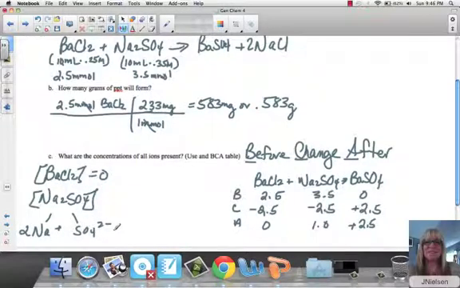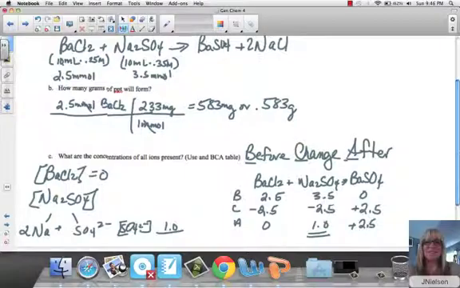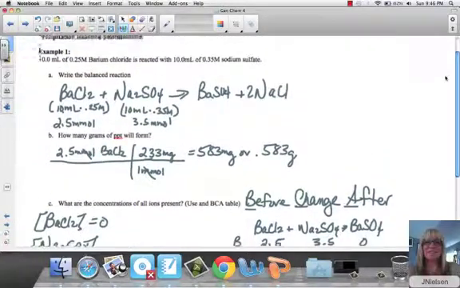So let's take the SO4 2 minus. Now we had 1 mil left, so concentration is moles over volume, right? So I've got 1 millimole divided by my volume, which is 20, because I believe they said that we were starting with 10 mils each, 10 and 10 is 20.